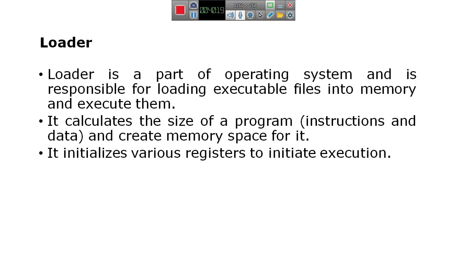The loader is also a program which is activated. It is a part of the operating system and is activated by the operating system.